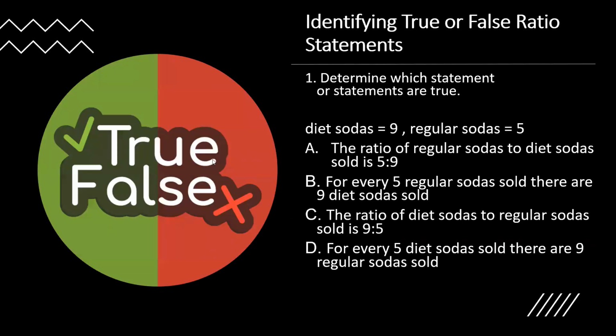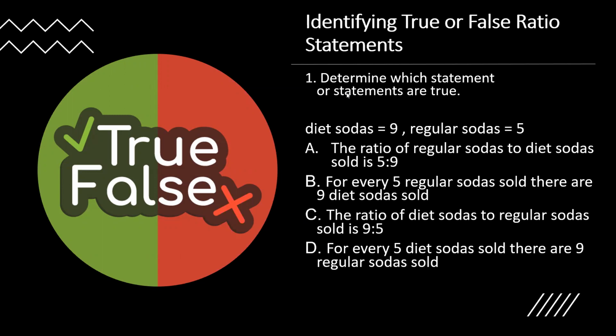All right, so true or false? Let's look at this true or false stuff. How are we doing with that? We're doing good. Lanai, can you read number 1, please? Determine which statement or statements are true. Read the whole thing.